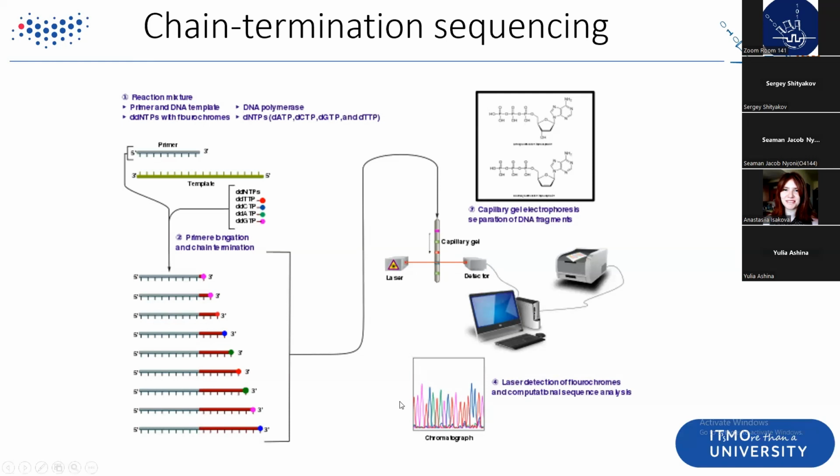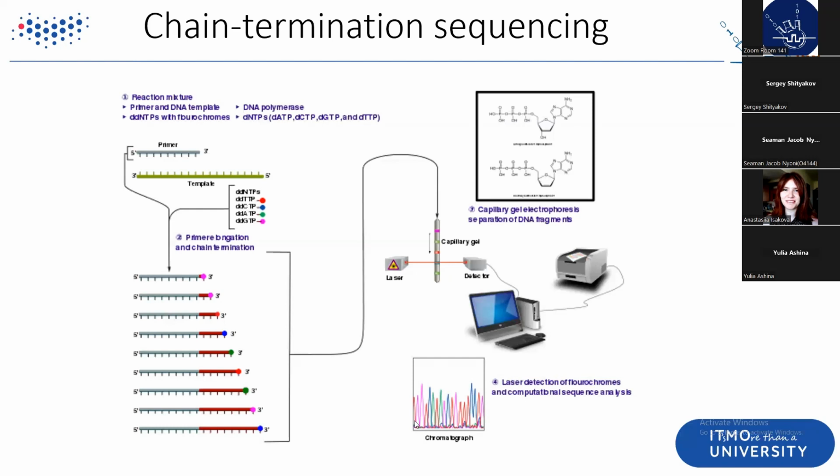Then you will analyze it with the laser and the detector, and laser detection will give you the information of the nucleotides representing this particular sequence. So it is quite effective for relatively small fragments.